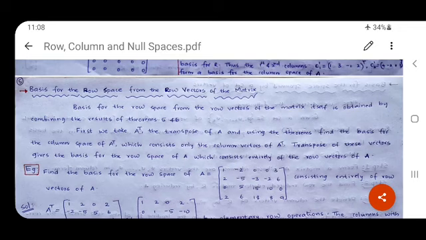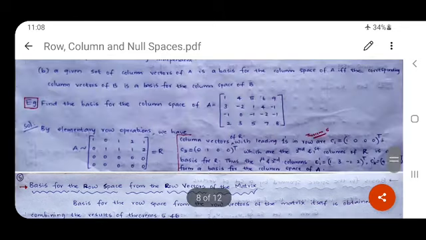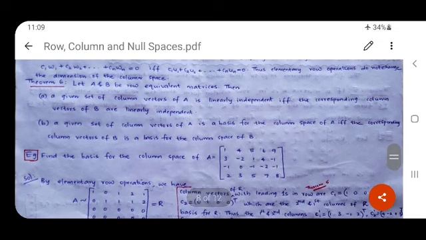Now we find a basis for the row space from the row vectors of the matrix. So this particular theorem 6 gives the basis for A by the columns of A itself.